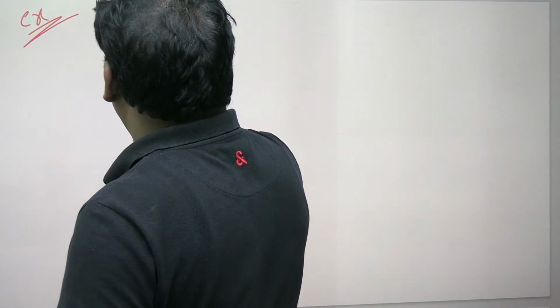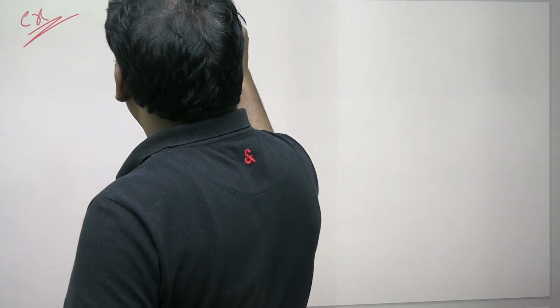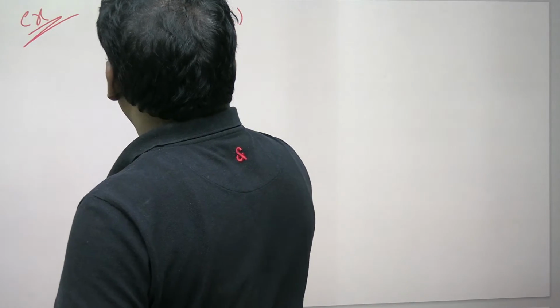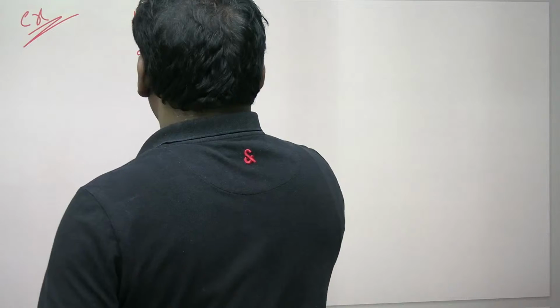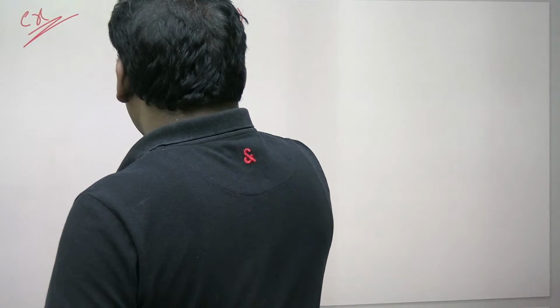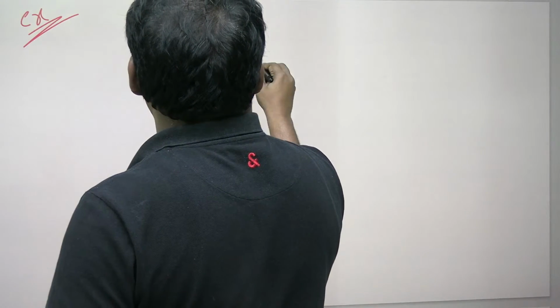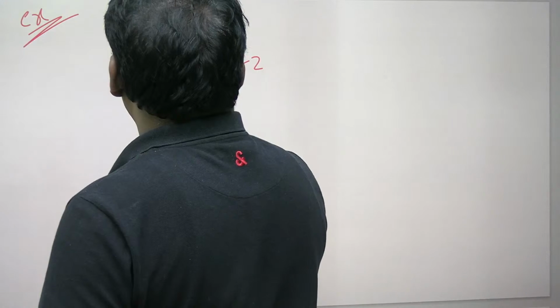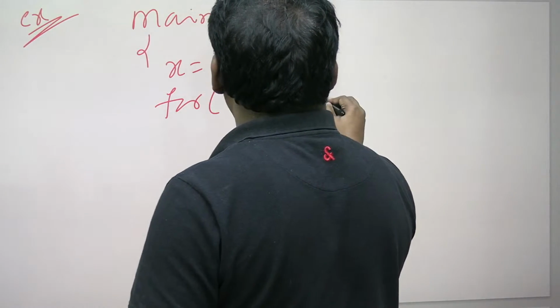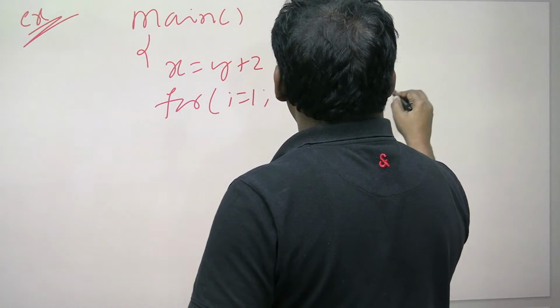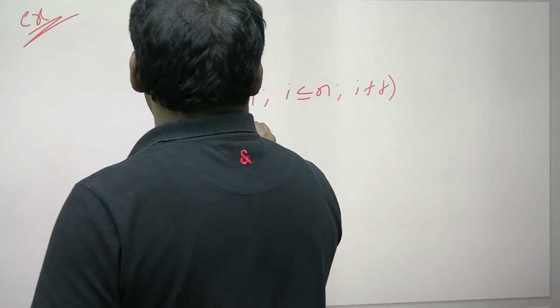Let's go to the third problem. Main: x = y + z. for i = 1, i <= n, i++: x = y + z.